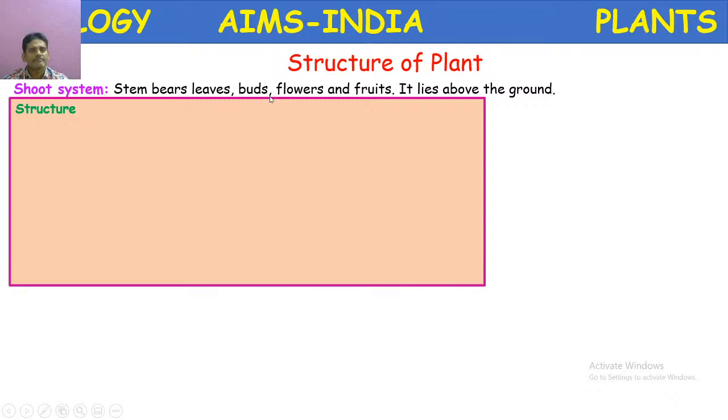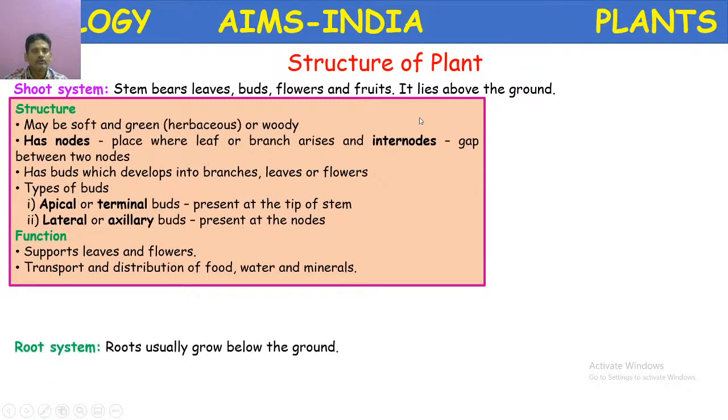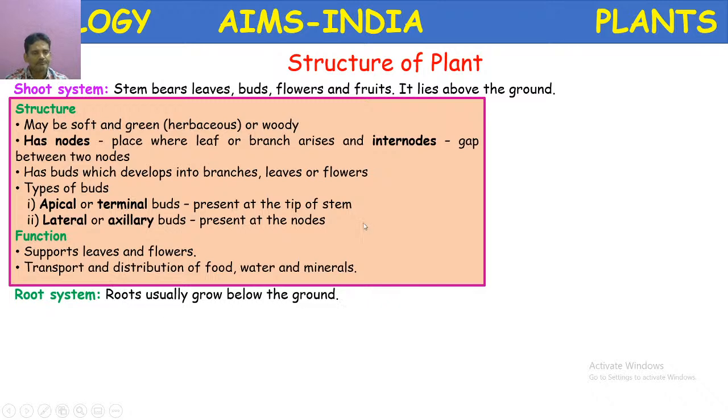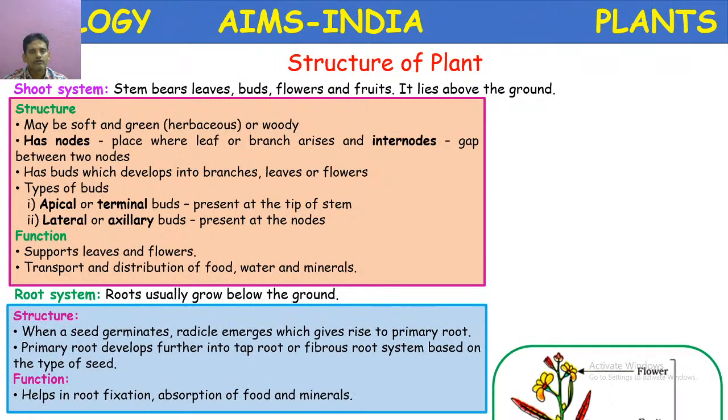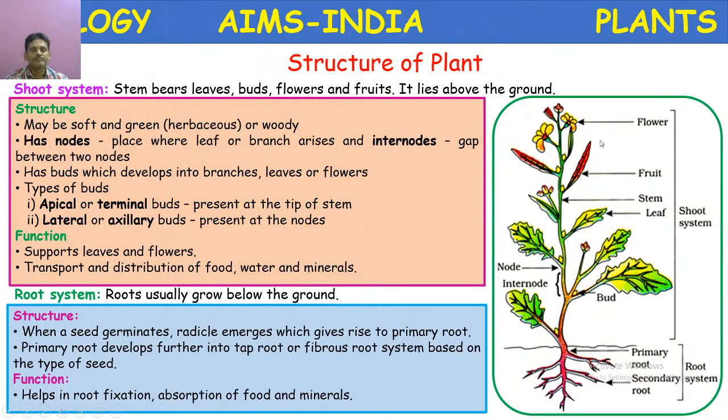The stem bears leaves, buds, flowers, fruits, and it lies above the ground. Root system: it usually grows below the ground. So let us see here. This is a typical plant showing all parts.